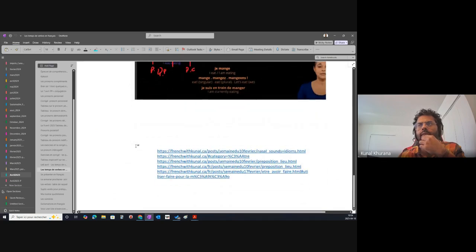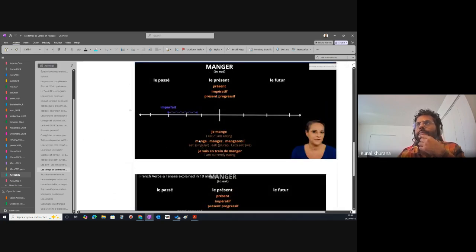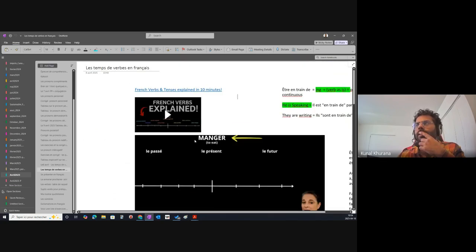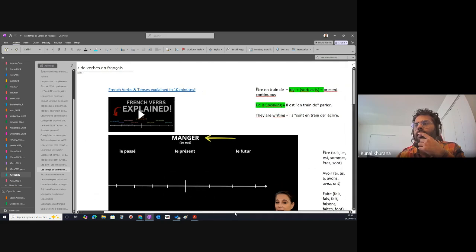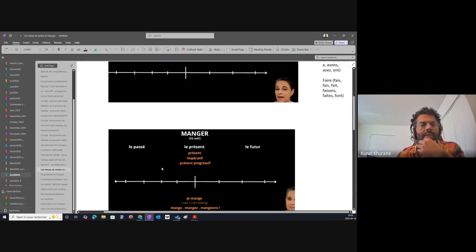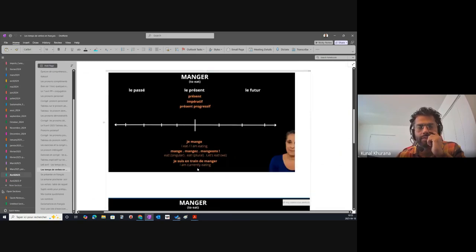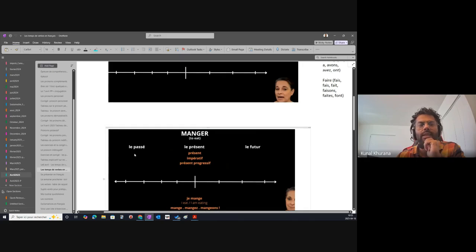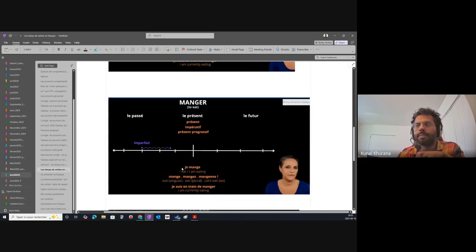So we have seen up till now the present tense, imperative, and present progressive, and we have also seen the past tense. So I'm just trying to repeat it slowly so that you can grasp this topic, and this is really important.